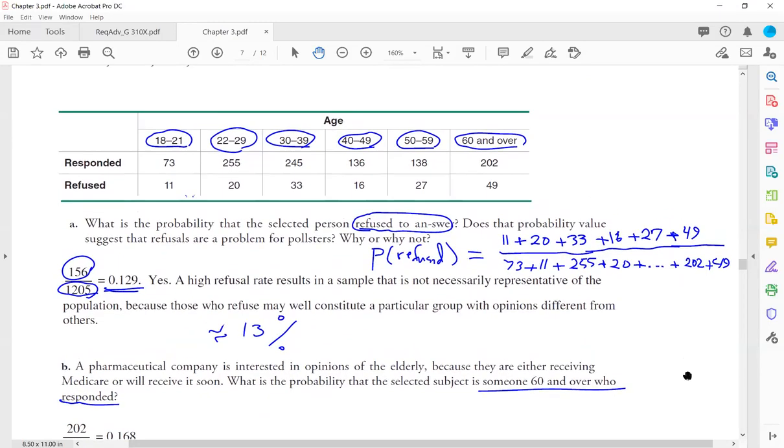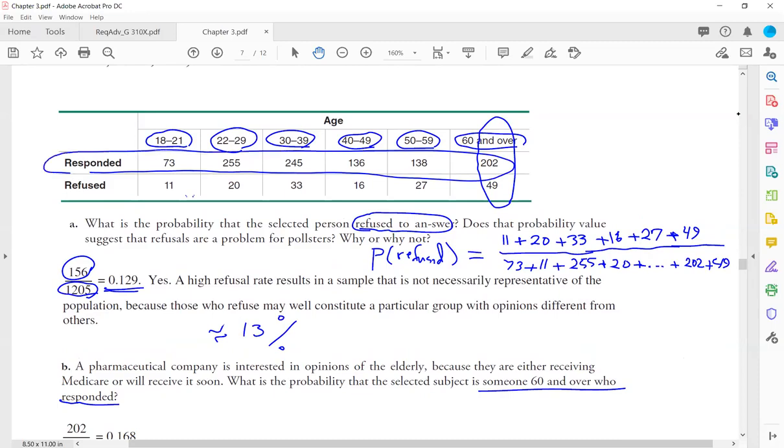Okay, guys. First of all, age category, age bracket is 60 and over. Who responded is the intersection. 202 people age 60 and over responded. That goes on the numerator. Divided by, on the denominator, you have the total.